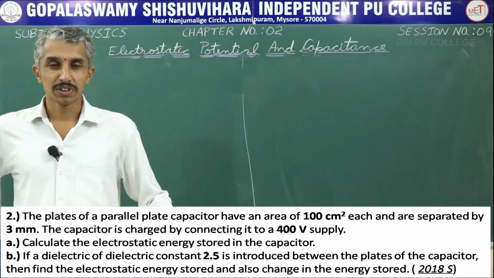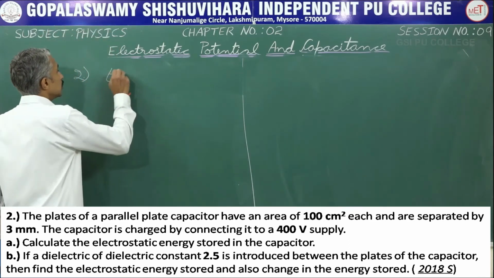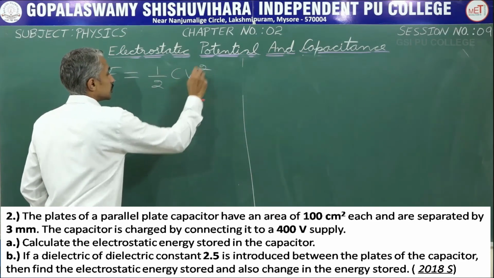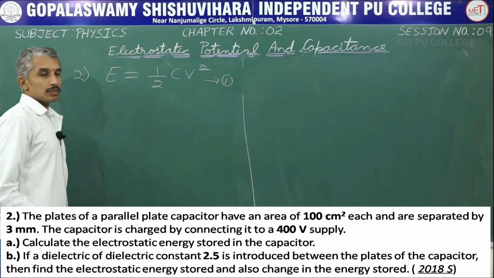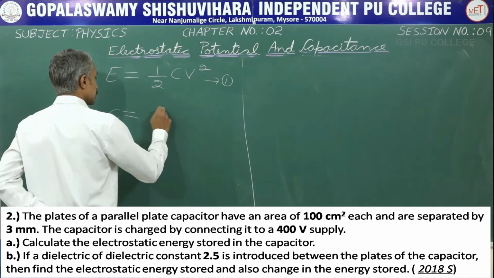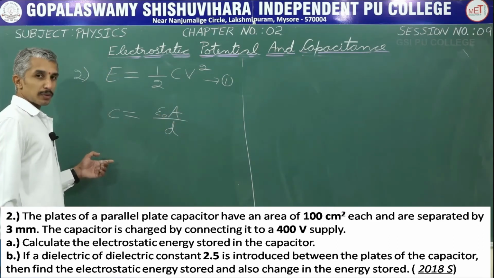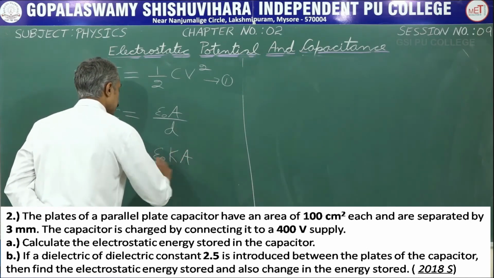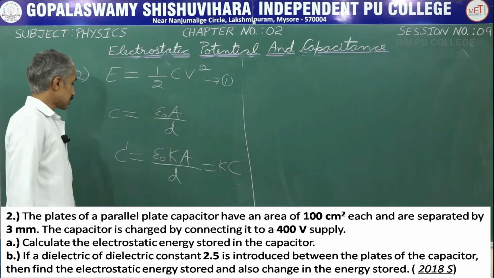The numerical 2 can be solved as we have done in numerical 1, where the energy stored is given by half CV square, while capacitance can be calculated using the equation epsilon naught into A by D. Then they have introduced the dielectric medium between the plates, so the capacitance will become epsilon naught into K A by D. So this is K times the initial capacitance.